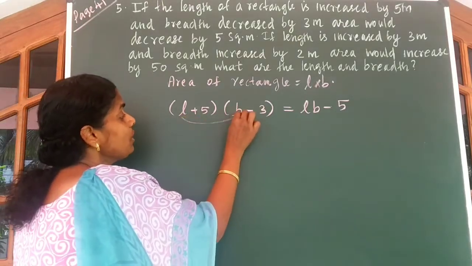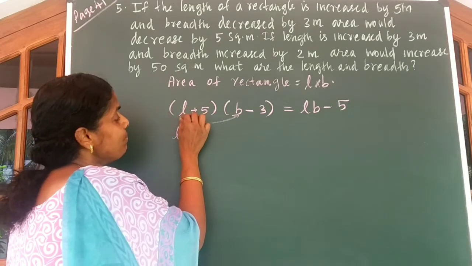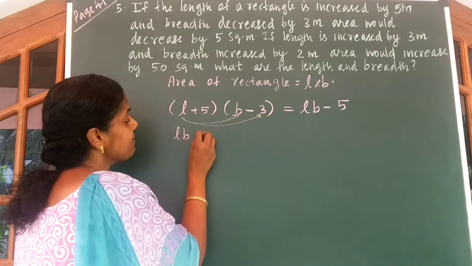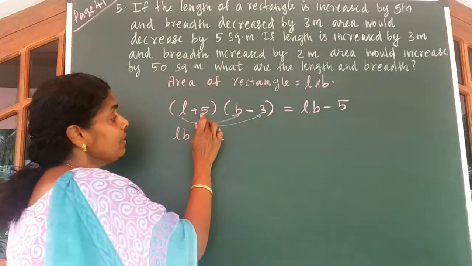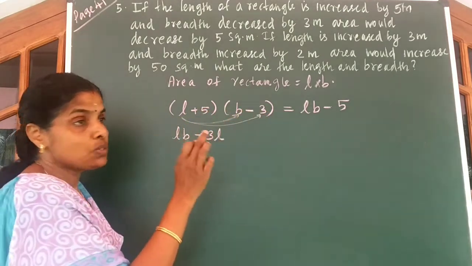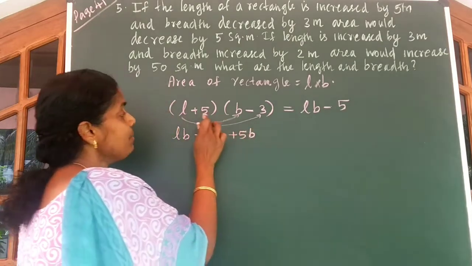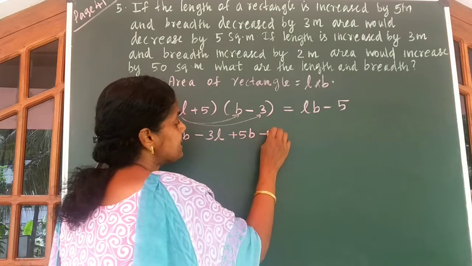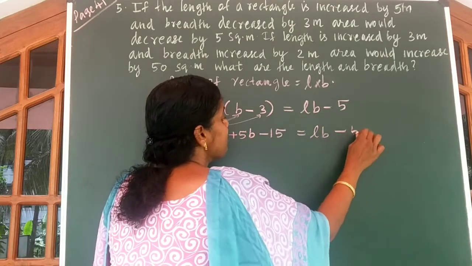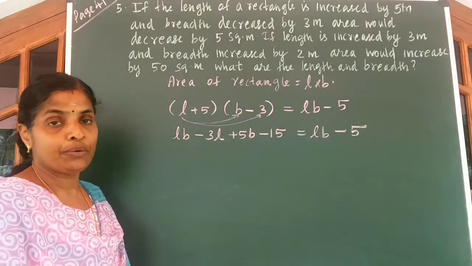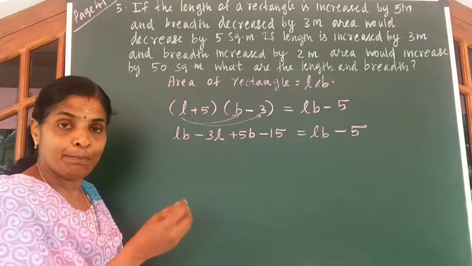Length into breadth gives you LB. L multiplied by minus 3 gives you minus 3L. Now multiply 5 with both terms. So you get plus 5 into B, 5B, plus 5 into minus 3, minus 15, is equal to LB minus 5. Now you can understand LB is a common term on both sides.